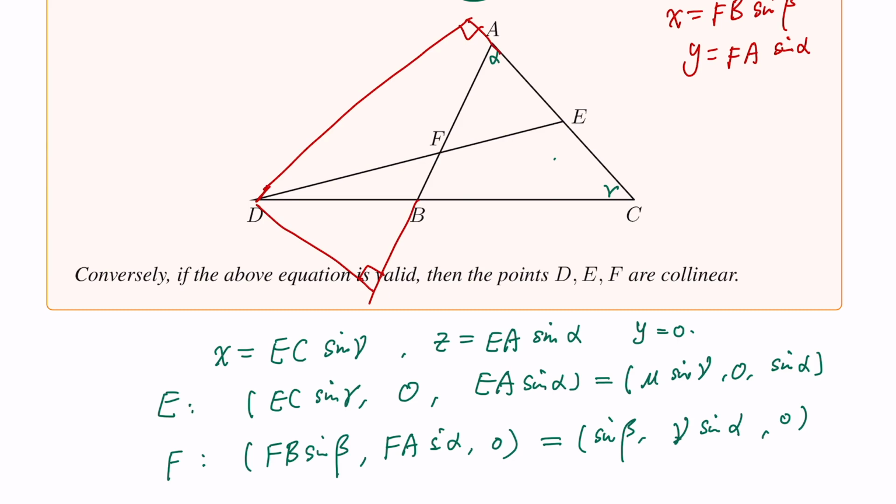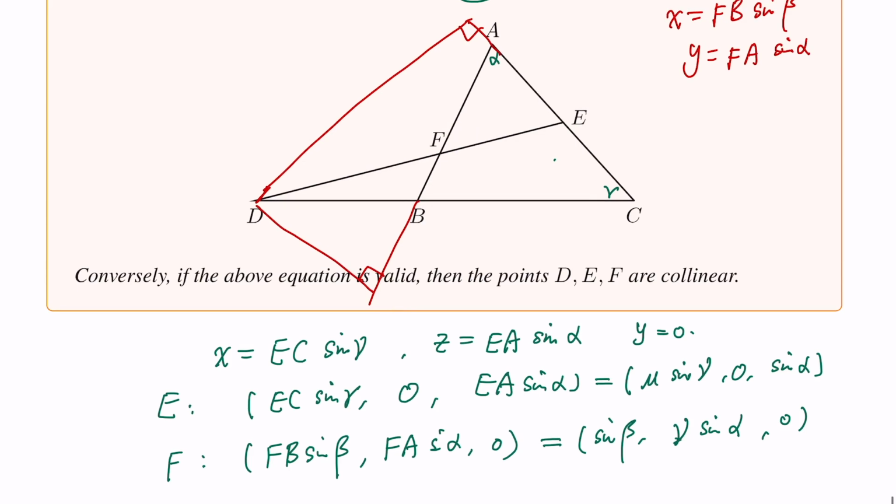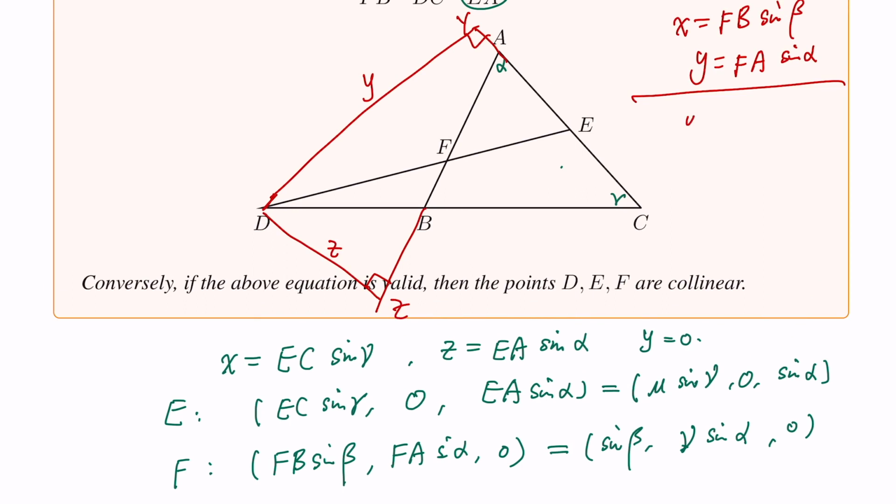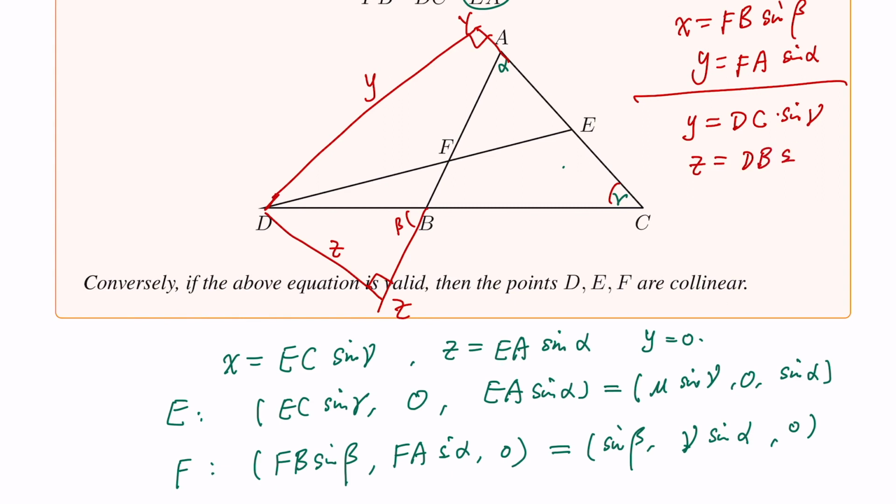And so again, let me make this to be Y, and the distance of D to AB to be Z. AB is always the last one. So Y would be DC times sine gamma, right? And Z would be, well, this is angle beta, DB sine beta.